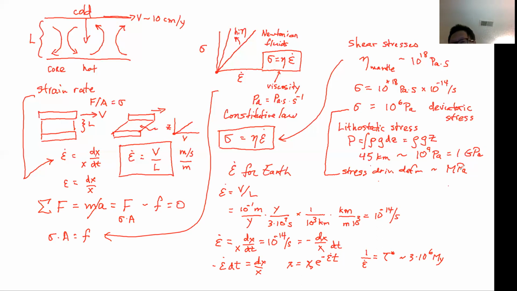Now, of course, this megapascal is a lot more than the stress needed to drive flow in, say, a swimming pool. But let me go back to the swimming pool analogy. If you're at the bottom of the swimming pool, you feel the hydrostatic pressure, which can be very large. But in the absence of any lateral pressure gradients, the water will not flow in the swimming pool.